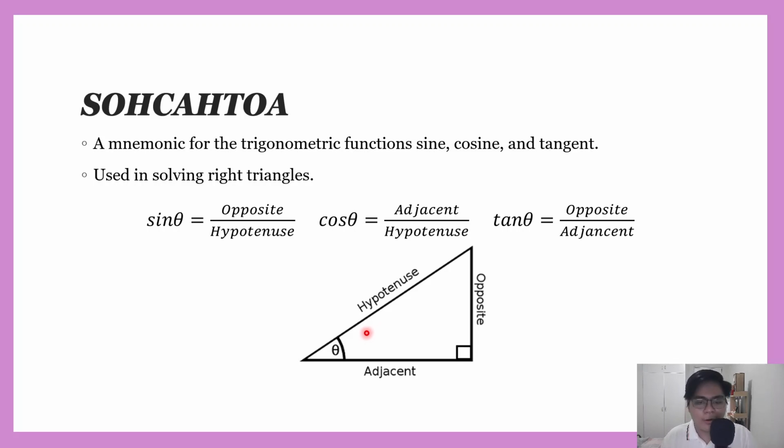We look at where theta is located. In this figure, theta is located here. We can determine the adjacent side by looking at the form of the angle. The adjacent side contains a segment of the given angle, and the opposite side does not contain any part of the given angle.